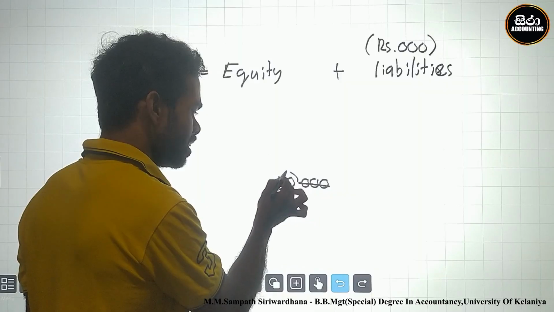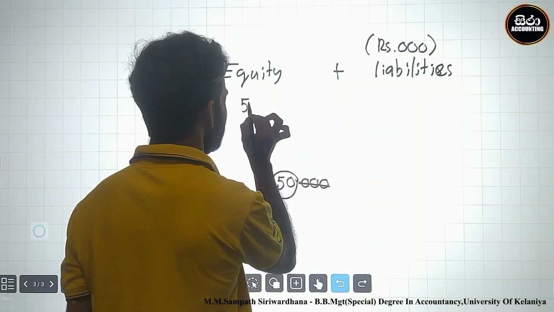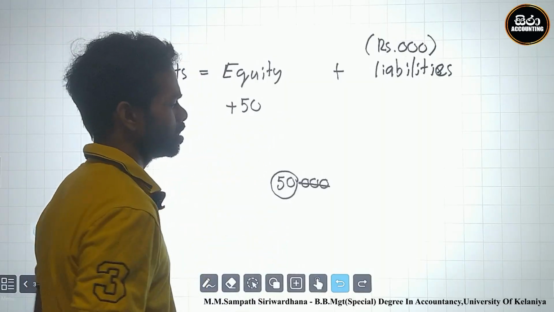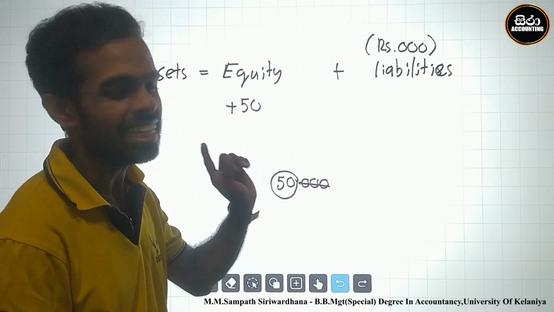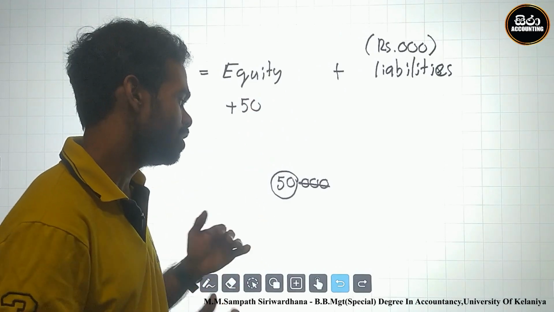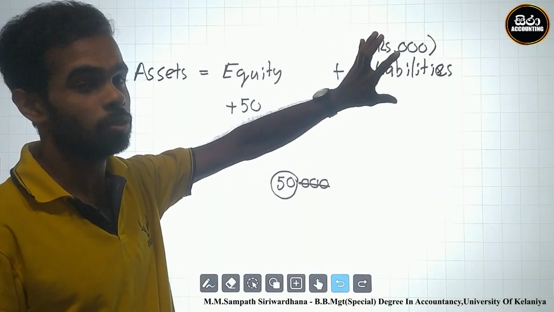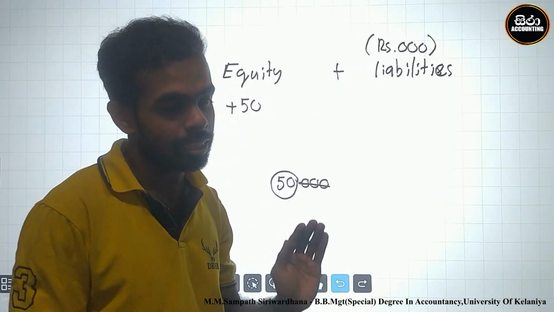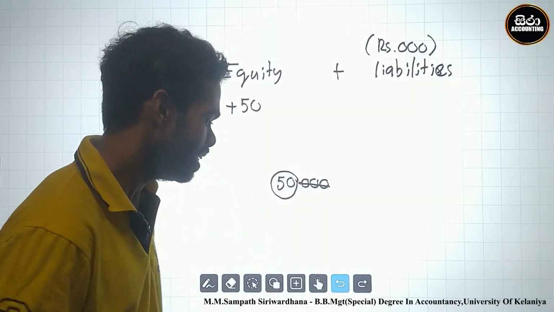Therefore, you can record only 50 as plus or minus. But this 50 is 50,000. Therefore, we can use it for all transactions. Why? We include 1000 rupees, so we can cut 3 zeros from all amounts. Okay.